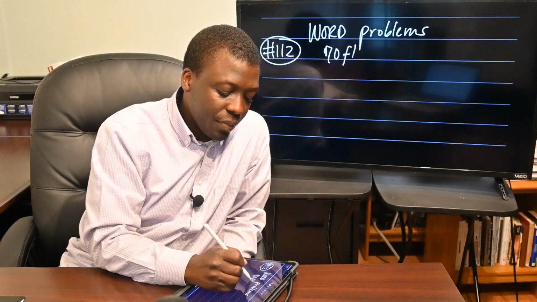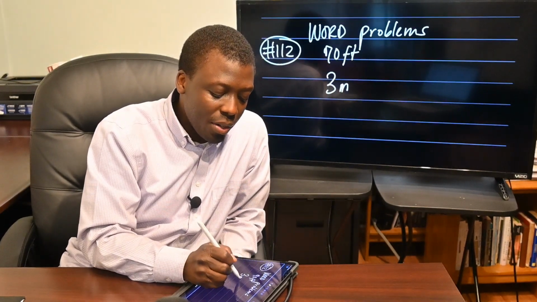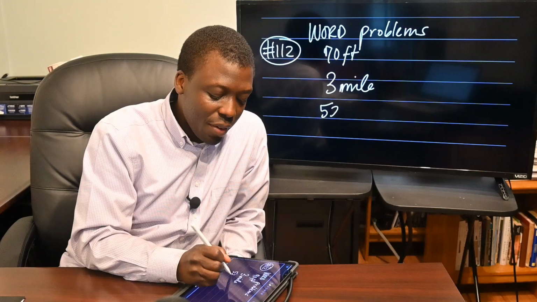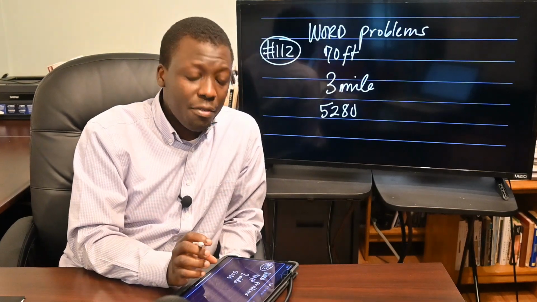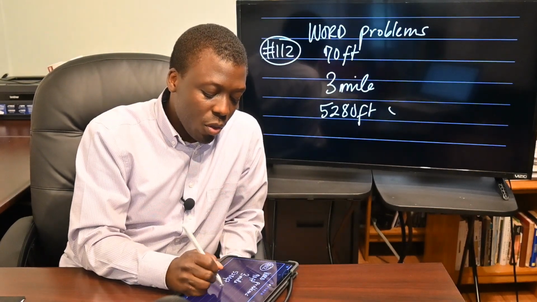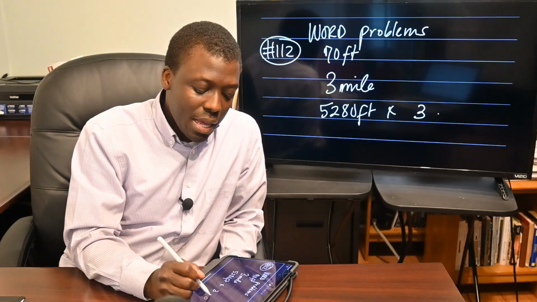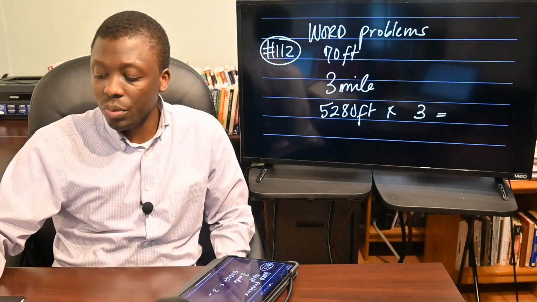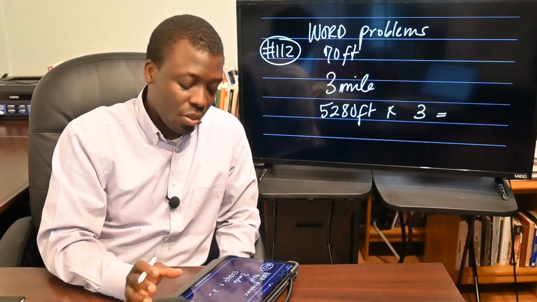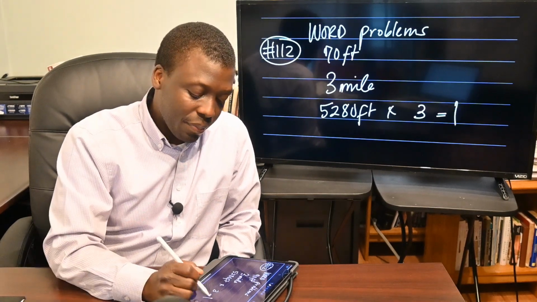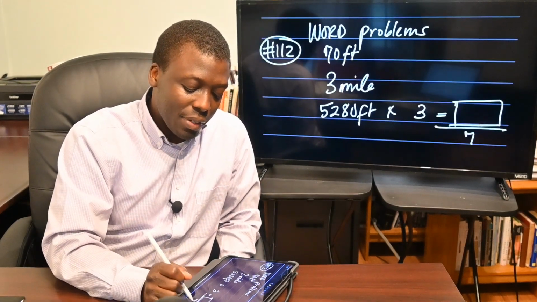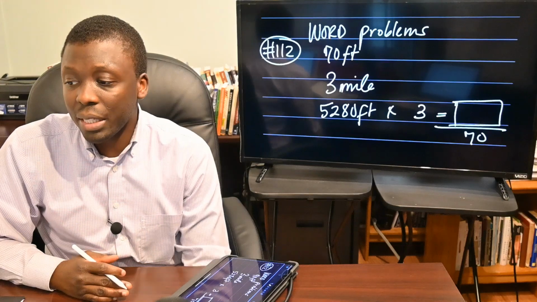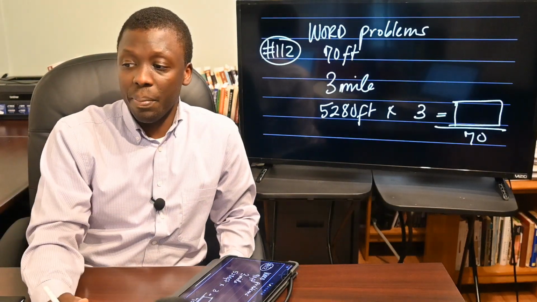We know that there are 5,280 feet in a mile, so we multiply that by 3. Then we take that answer and divide by 70, and that will tell us how many street lights we need for that particular stretch.